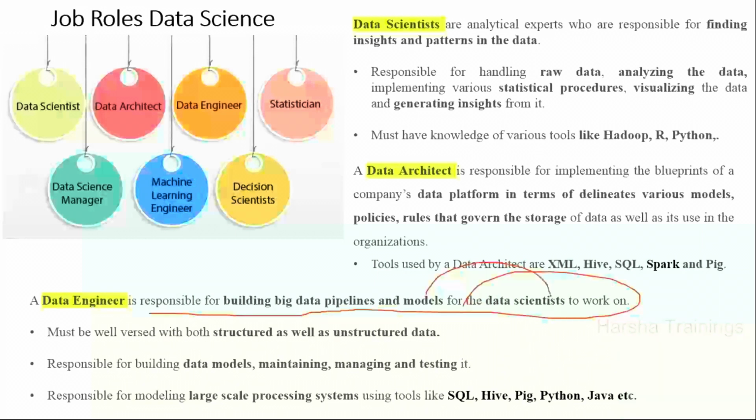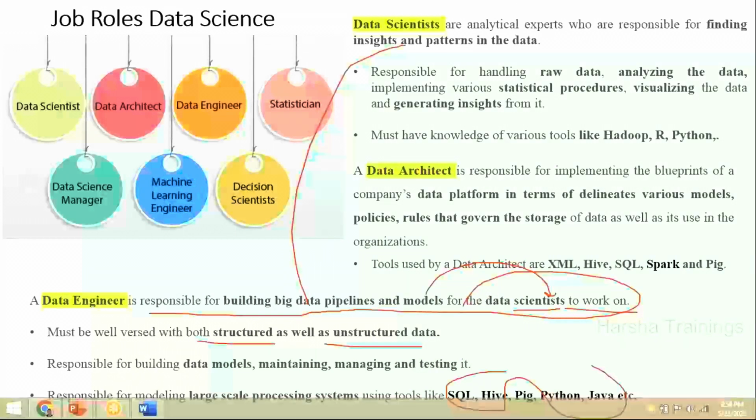He will give data for data scientists, where the data scientists will work on the data and create machines. He will work with structured and unstructured data. He should be good in SQL, Hive, Pig, and other tools. Data engineer is the responsible person who is going to prepare data for the data scientist.